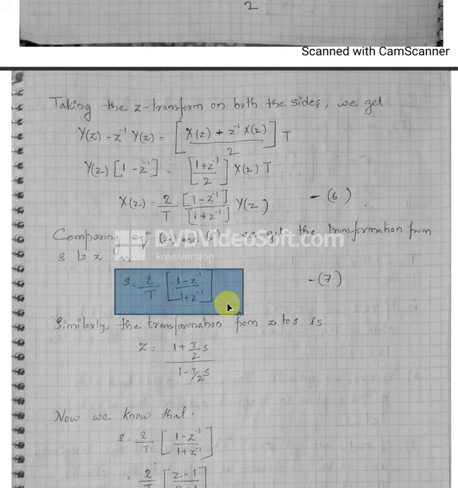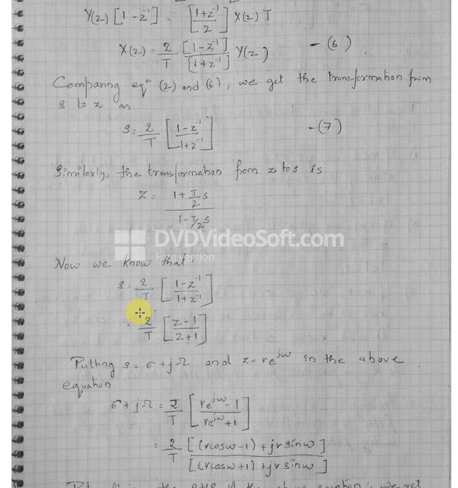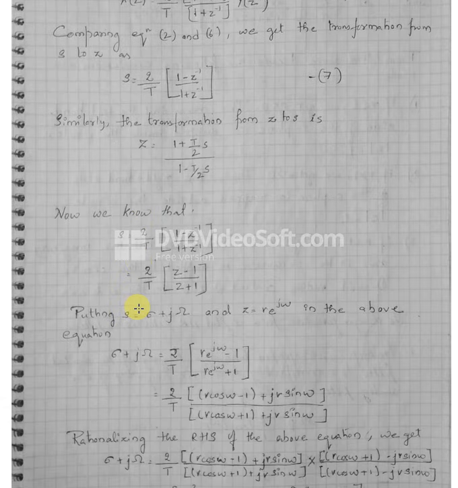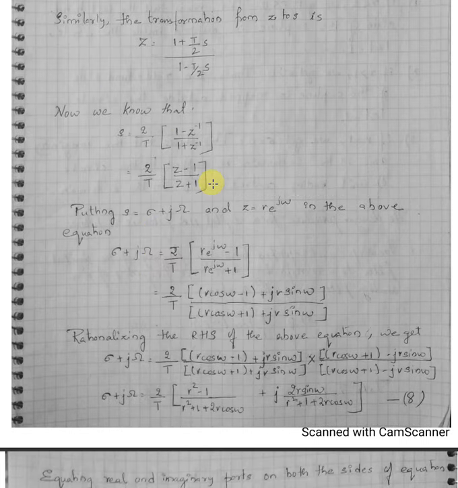You substitute these values, expand e to the power j omega in both the numerator and denominator, and rationalize the denominator. Then you separate the real part and the imaginary part. The real part turns out to be this, and the imaginary part turns out to be this.